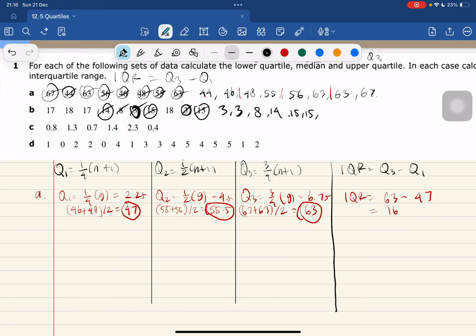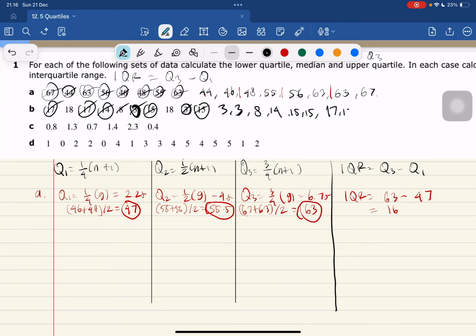After 15, we have 2 17s. After the 2 17s, we have 2 18s. Let's count how many numbers there are: 1, 2, 3, 4, 5, 6, 7, 8, 9, 10. So 10.